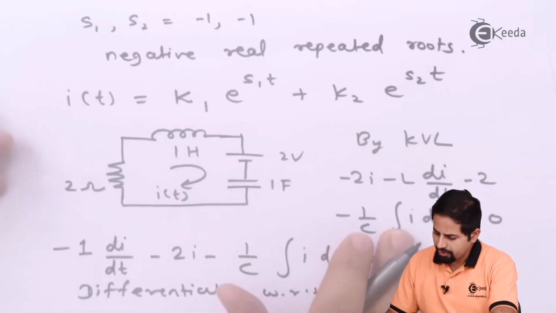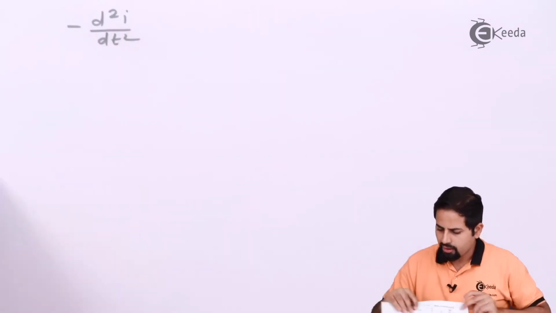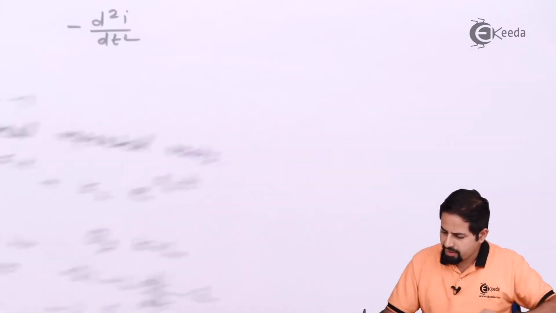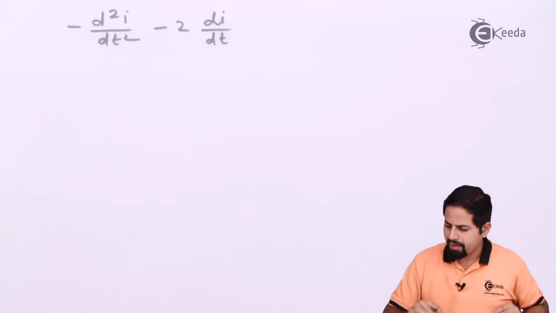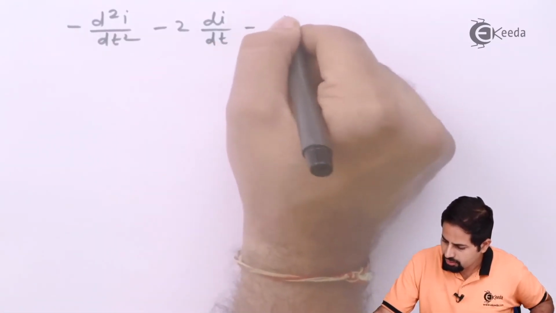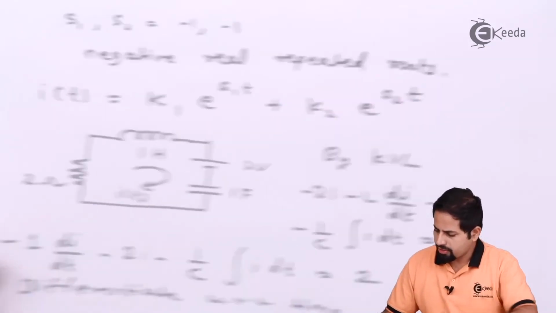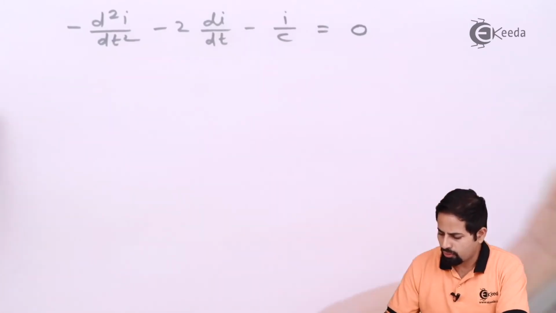See here, you can see minus d square i by dt square, then minus 2 into di by dt, and this will be i upon C, equal to the derivative of a constant, which is 0. The negative sign can be removed throughout.